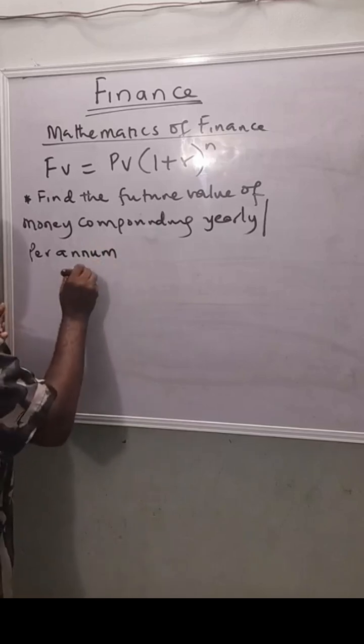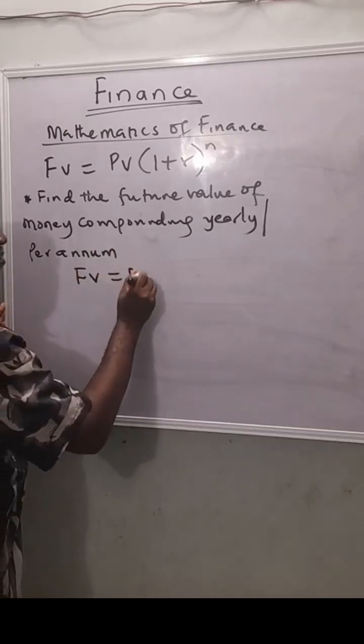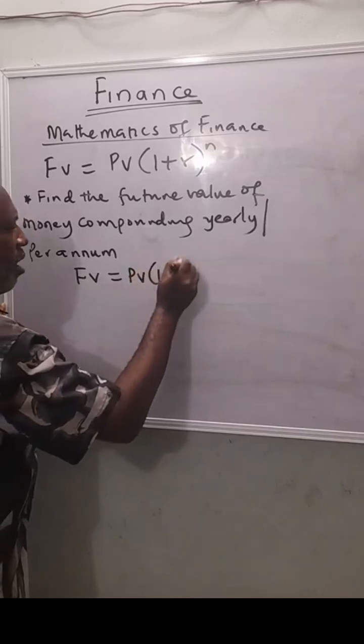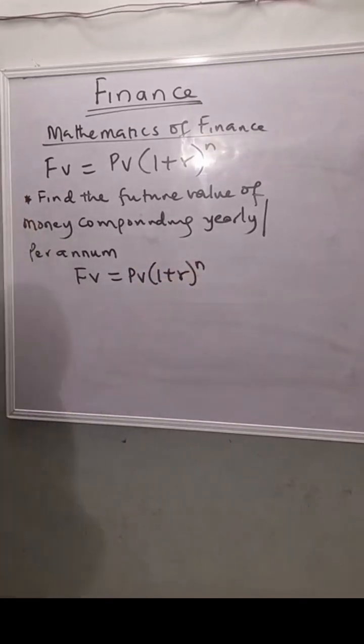This is the formula: future value equals present value times (1 + r) all raised to the power of n. So when you are asked to find the future value of money given the present value, and you are compounding, I'm multiplying present value by (1 + r) all raised to the power n. (1 + r) raised to the power n is a compounding factor.